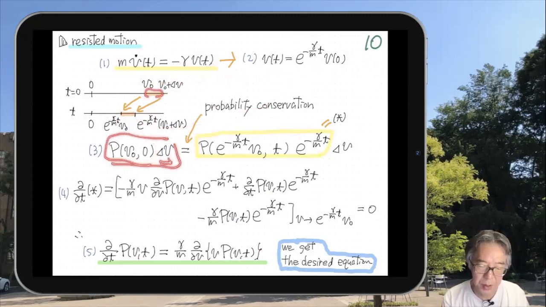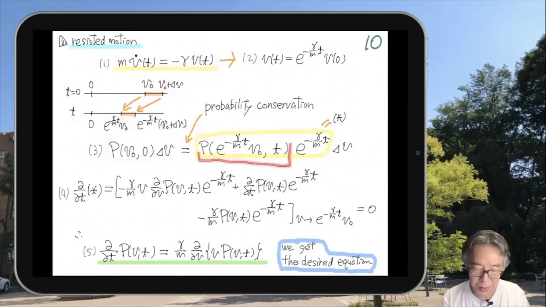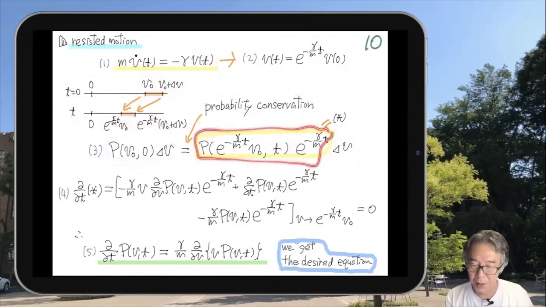So this is the probability that your v is within this interval, and this interval just evolves into this. So the probability that you are in this interval is the probability density at time t times this width of the interval. And of course, they must be the same because of probability conservation. Okay, so this means that this part, which I denoted as star, is independent of t.